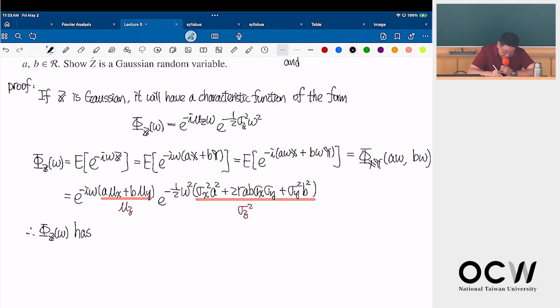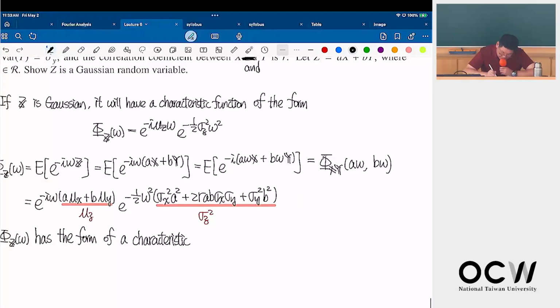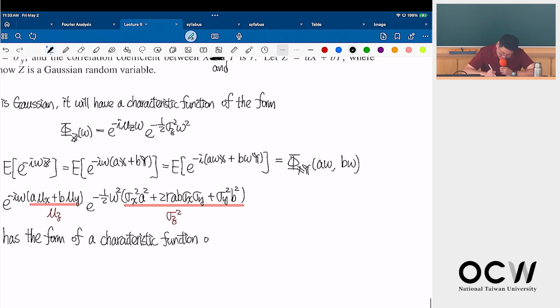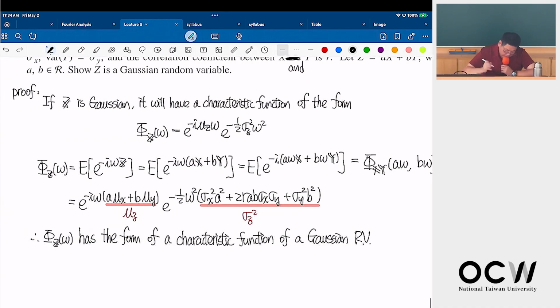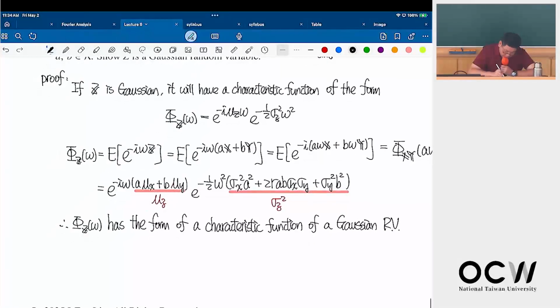The characteristic function of Z has the form of a Gaussian characteristic function, therefore Z is Gaussian.